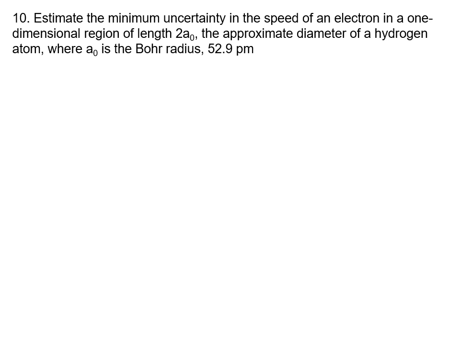Question number 10. Estimate the minimum uncertainty in the speed of an electron in a 1D range of length 2a0. In our lecture notes, you will see the Heisenberg uncertainty principle, which says that momentum and position cannot be simultaneously specified with arbitrary precision.